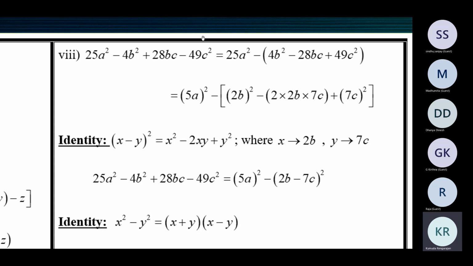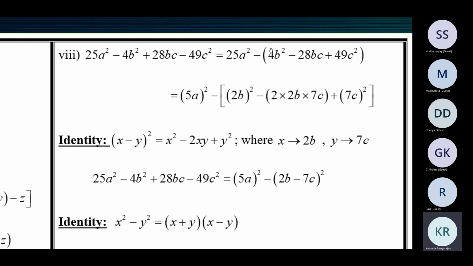What you do is you write 25a square for the first term, alone like this. Then the sign here is minus, so you write the same minus sign. Now the remaining three terms you must enclose in a bracket.